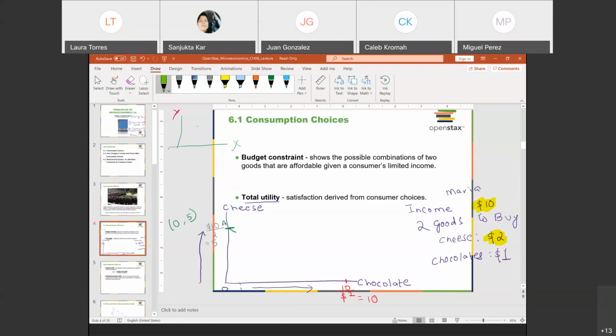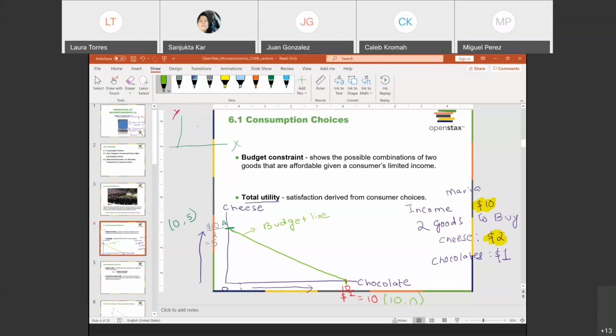So whenever I'm plotting this in terms of coordinates, X comes first, followed by Y. Now over here, she is buying 10 bars of chocolate and 0 cheese. So I'm going to join these two points, and this line is called the budget line.